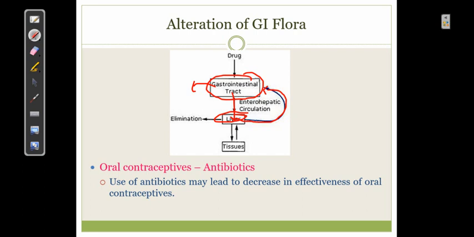Now if you give this estrogen along with an antibiotic like ampicillin, it reduces bacterial flora and will interrupt the enterohepatic circulation, and a resultant reduction in serum estrogen concentration can be observed. If that is observed, you can consider that the purpose for which the contraceptives were taken, the combined estrogen pills taken for contraception, is compromised.